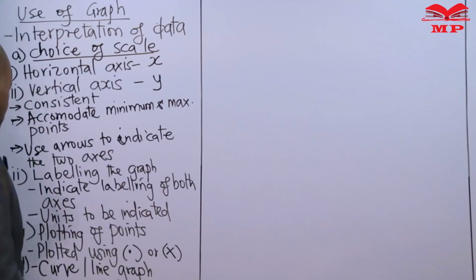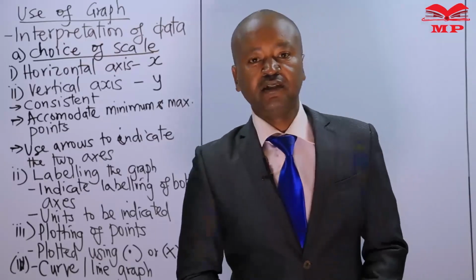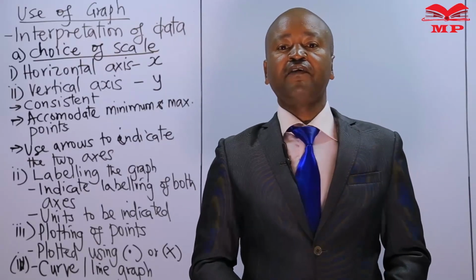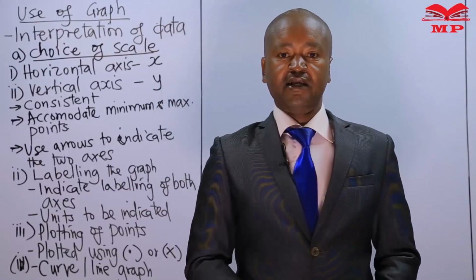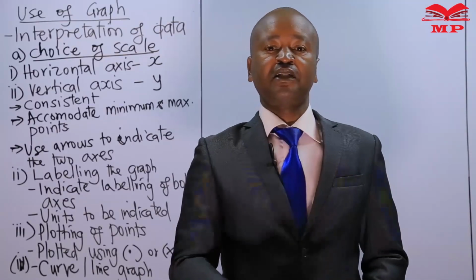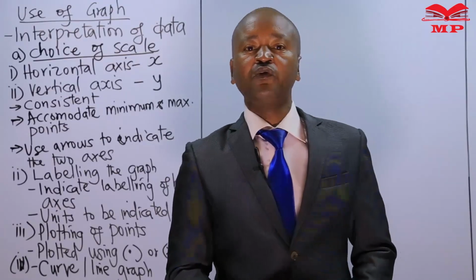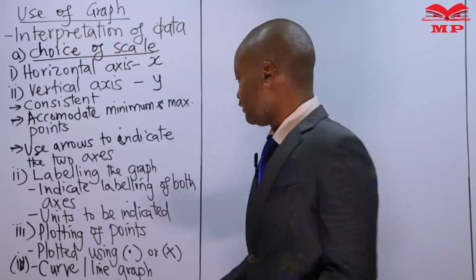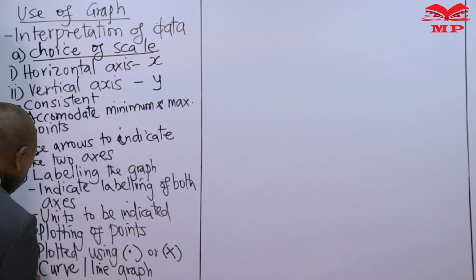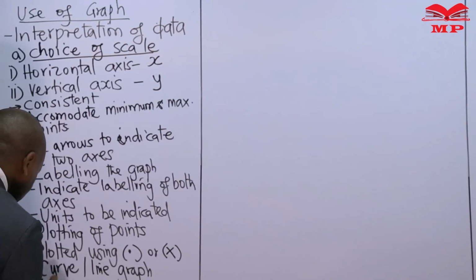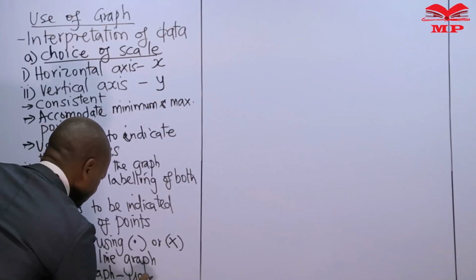So that will be arrived at based on how the points have been plotted. So a line graph is where the points are lying in a line. They might not be all the points, but they could be several points that are lying in a line, and for the case of a line graph, you use a ruler.